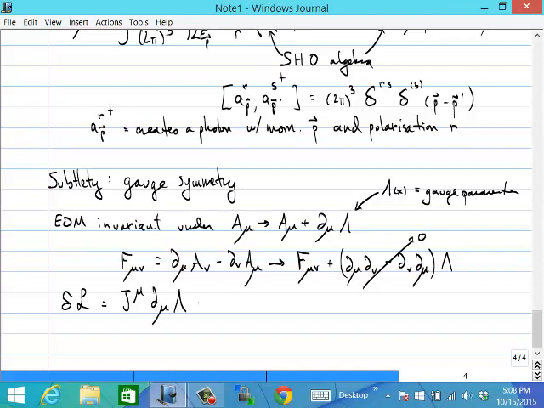And that is not obviously gauge invariant until you remember that you can integrate by parts and write this as minus lambda times d_mu j^mu plus a total derivative. And d_mu j^mu is equal to 0 if the current is conserved.